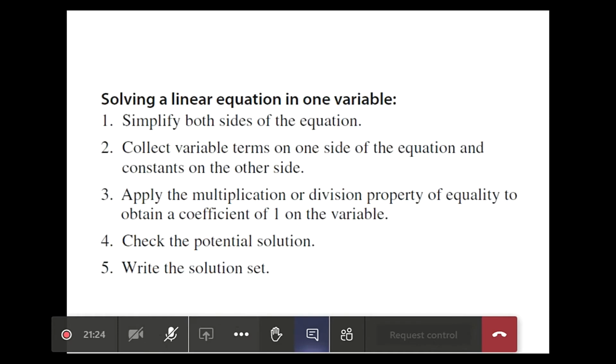To solve a linear equation, if we have brackets, we need to simplify the equation, so we need to remove the brackets. After that, put the unknown or variable x on one side and any number on the other side. Make a summation or subtraction.